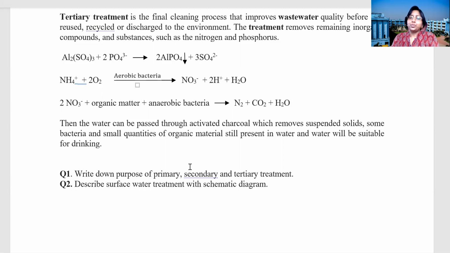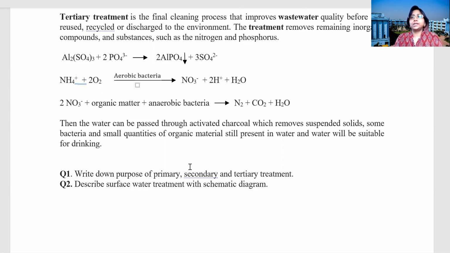After that, we can get pure water which can be used. Generally the municipality collects the surface water from rivers or other places, and if you go to any industry, you can see that they do this simple treatment process, and it can be supplied.